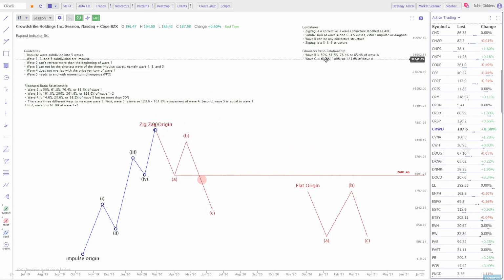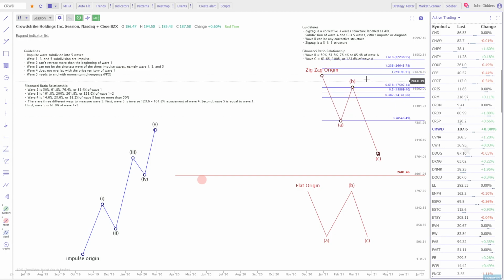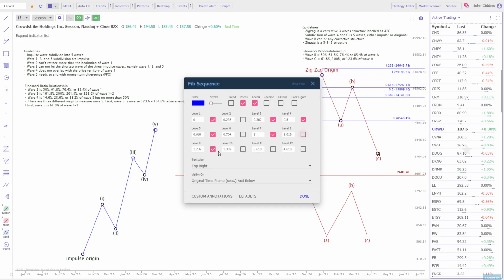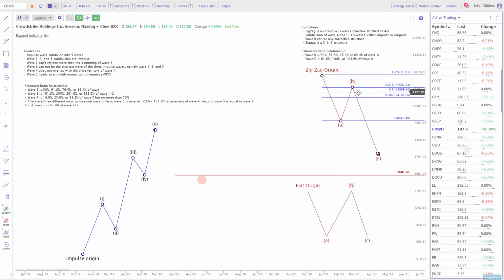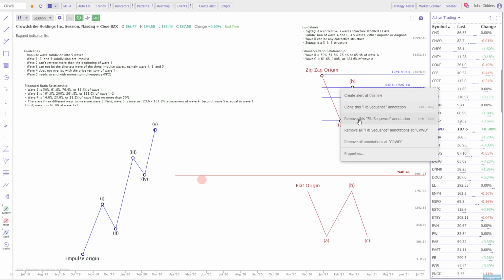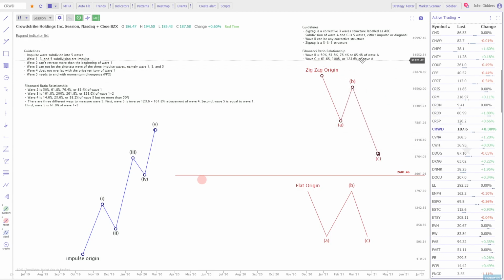Wave B is 50%, 61, 76, or 85 of wave A. So if we were to use this same tool here, get rid of these extensions. See, she retraced 61% of that wave A. And then wave C is 61, 100, or 1, 2, 3 of wave A.